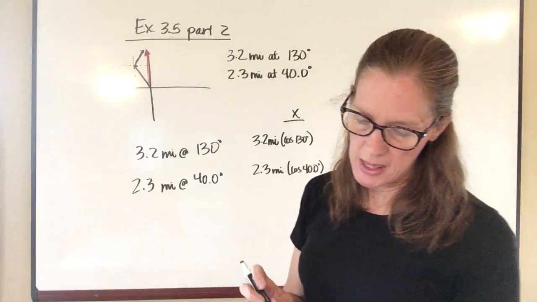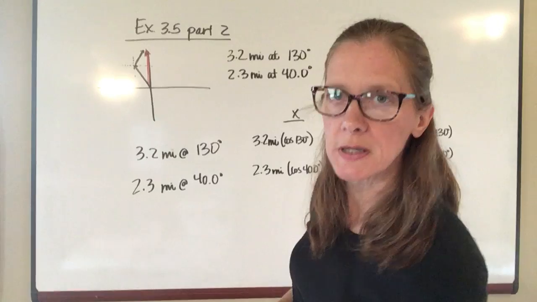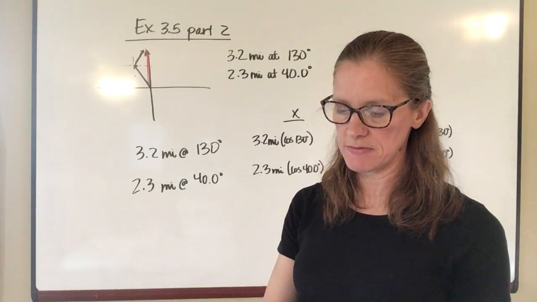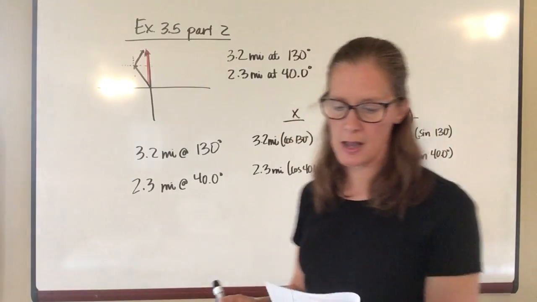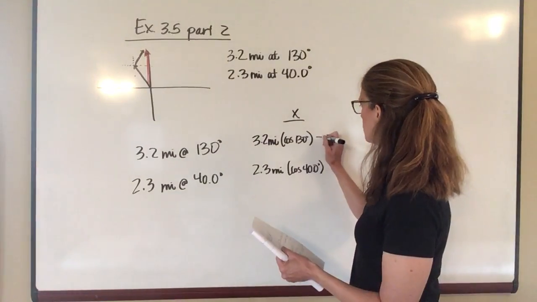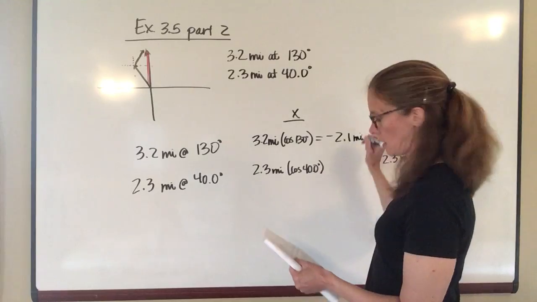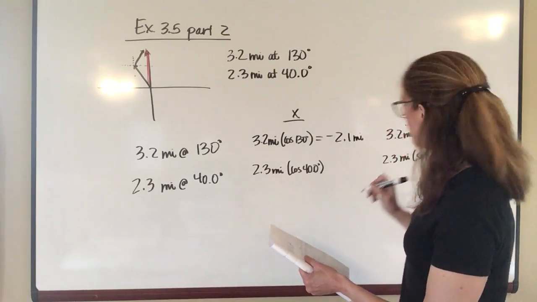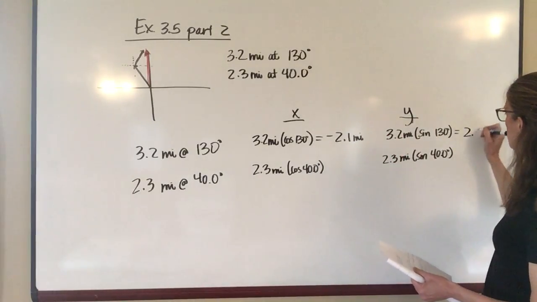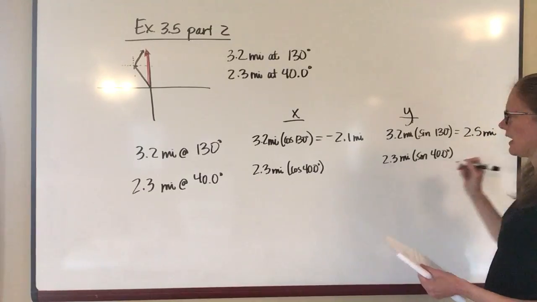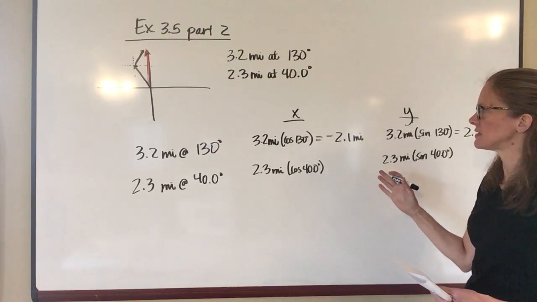And so then I'm going to take my calculator and calculate all of those. And to save us some time, I have already done this. So this is going to be a negative 2.1 miles. And this is going to be a positive 2.5 miles. And be thinking the whole time, does that make sense?